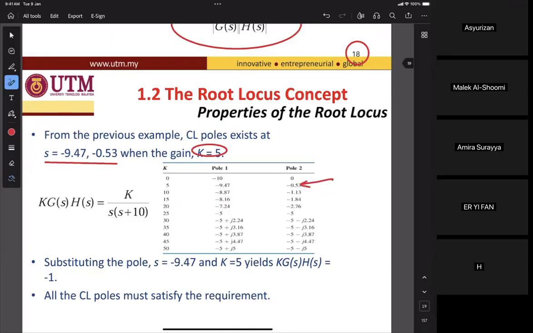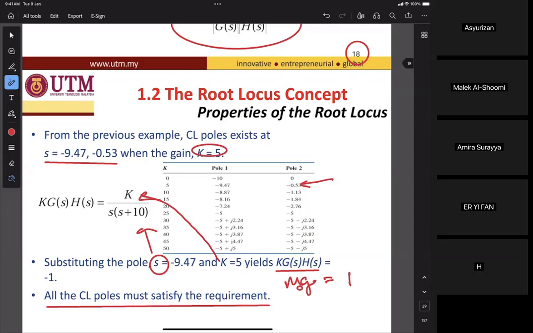When the open loop K G(s) H(s), equal to K over s(s plus 10), has this s and K equal to 5 substituted in, the magnitude equals positive 1. The closed loop poles must satisfy this requirement, because when they do, the point is located on the root locus plot.